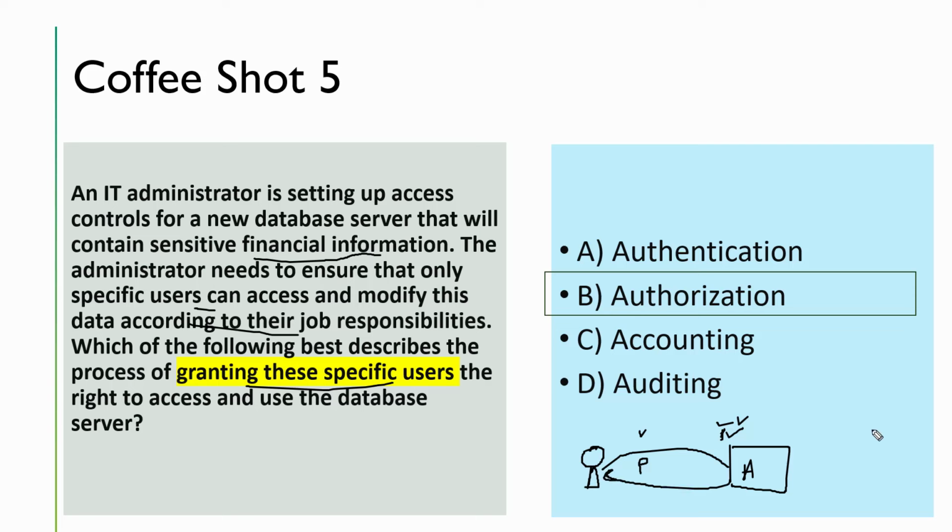But now we have a user 2, and on his folder he denies user A. So even if you successfully authenticate with the system, in that case you cannot access this user's resources, because in authorization we have denied your access. So authorization ensures who can access a particular resource, and that's why in authorization, access control is the core function. That is the reason the answer is B. Let's move to the next question.